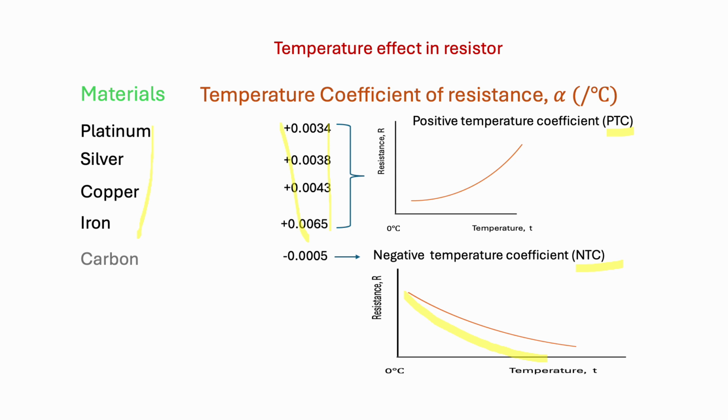As soon as the temperature is increased, the resistance of this type of material decreases. So not all the conductors are showing the positive temperature coefficient. Some conductors have the negative temperature coefficient.